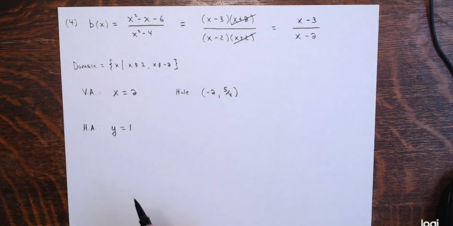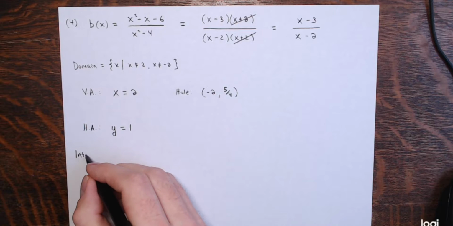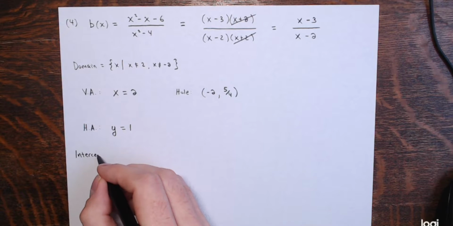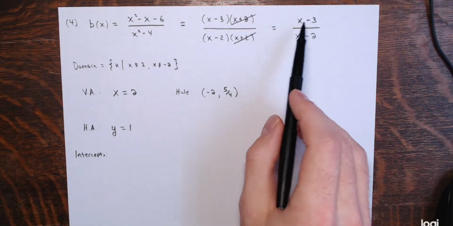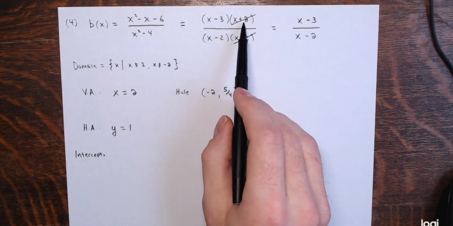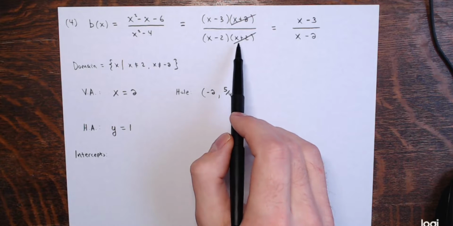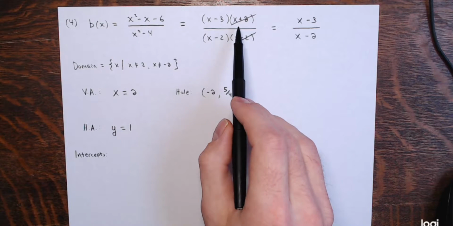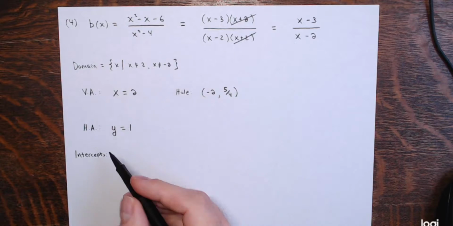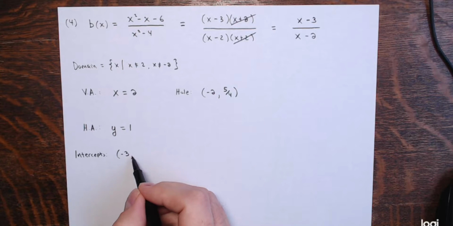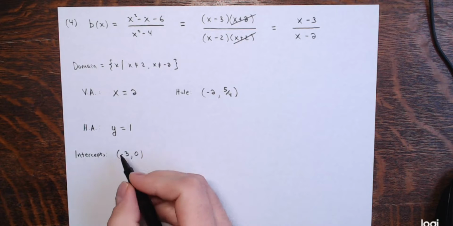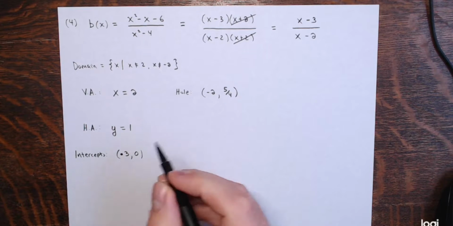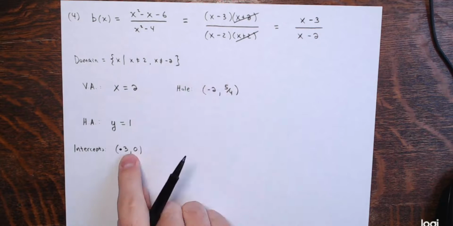Then for the intercepts, if it has any, the numerator is going to be 0 when x equals 3. Now I know it would be 0 when x is -2 as well, but remember x can't be -2. I want something that makes the numerator 0 but not the denominator. So -3, 0, this is the only x-intercept. Or sorry, not -3, +3. That's x minus 3, +3 would make it 0.